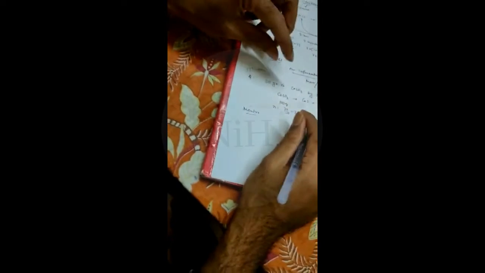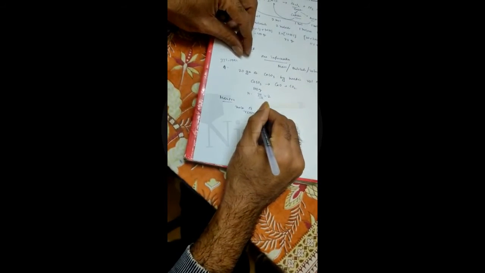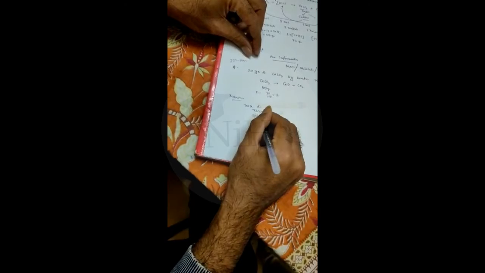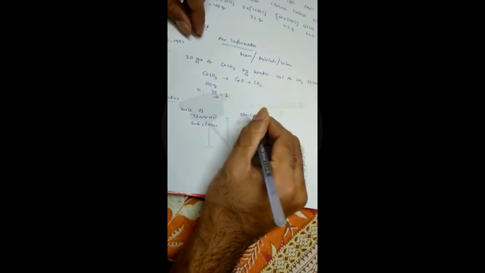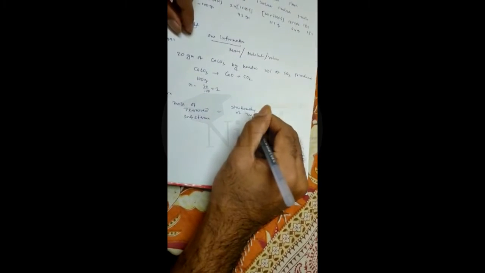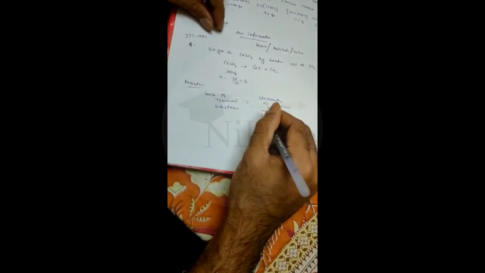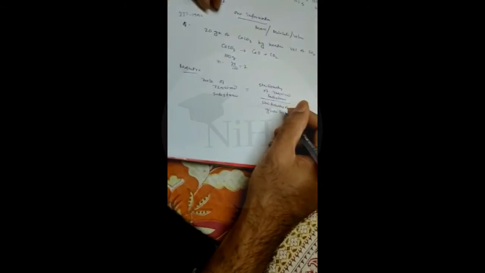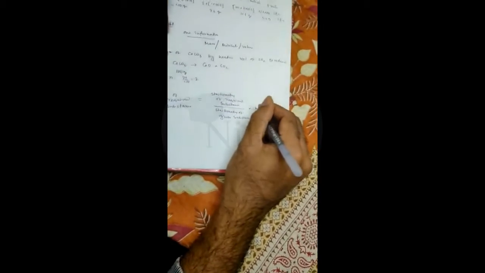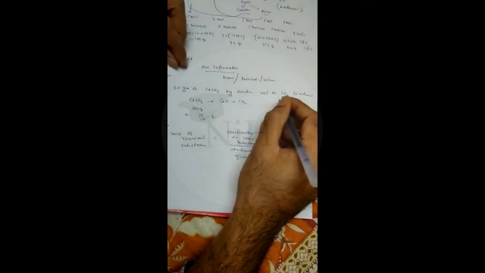That mantra is: mole of required substance equals stoichiometry of required substance divided by stoichiometry of given substance, into mole of given substance.